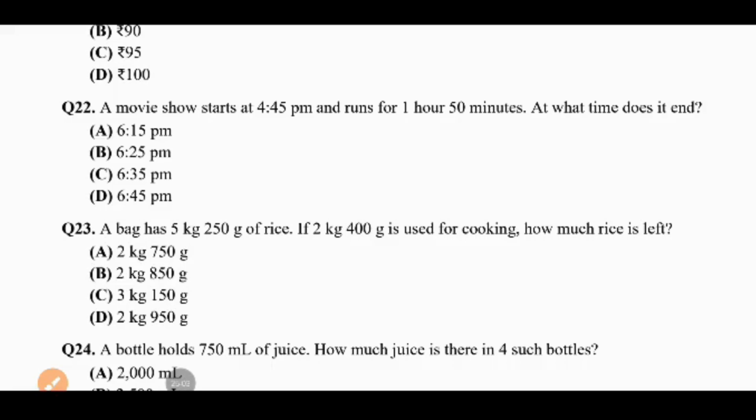It says 4 hours 45 minutes and the movie is 1 hour 50 minutes. Time is always written as hours and minutes. We add 1 hour and get 5:45 p.m.